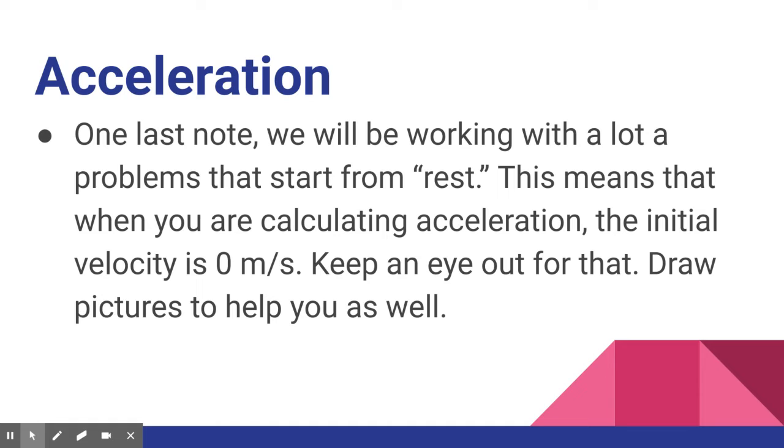Clearly we're starting from rest, meaning our initial velocity is 0. Or the problem will explicitly say the car was at rest, or the runner started from rest. What that's saying is that the initial velocity is 0 meters per second. So keep an eye out for that.